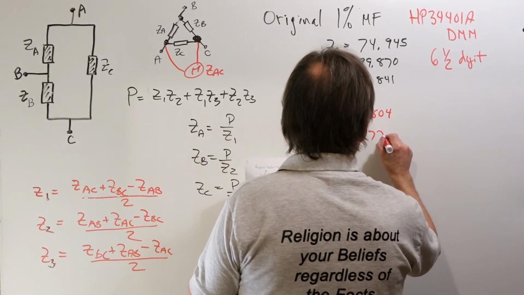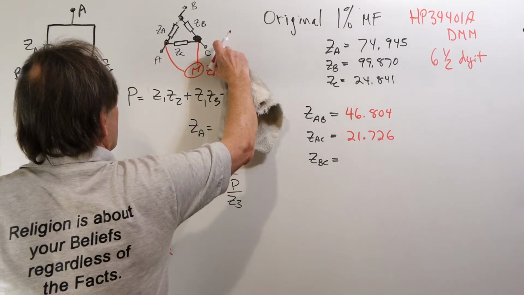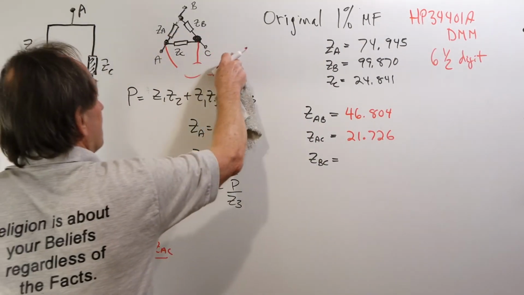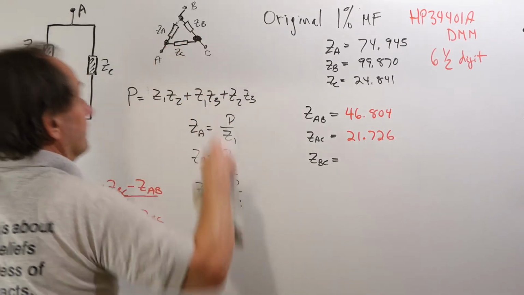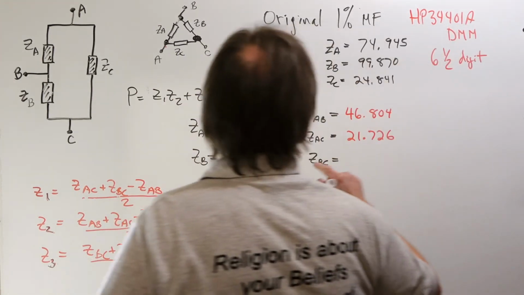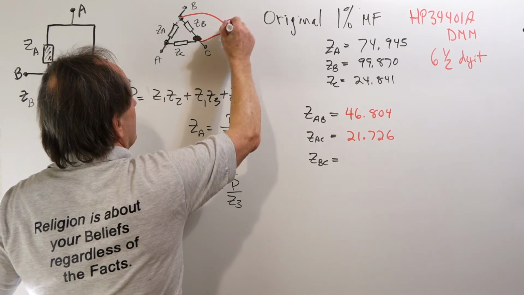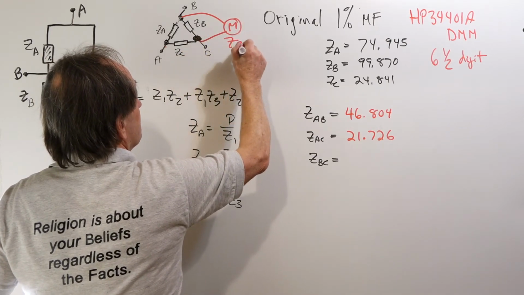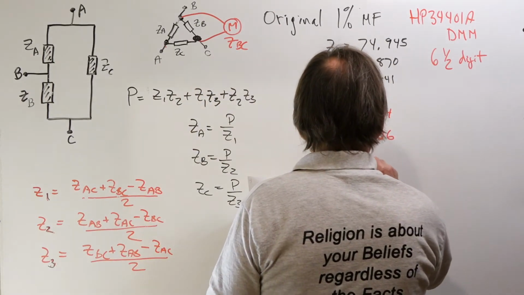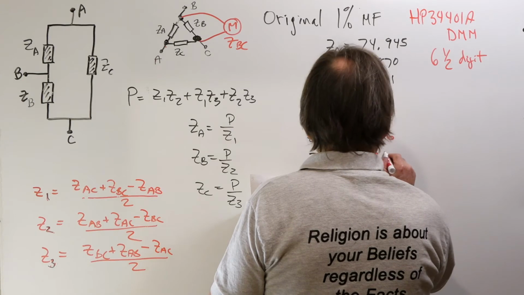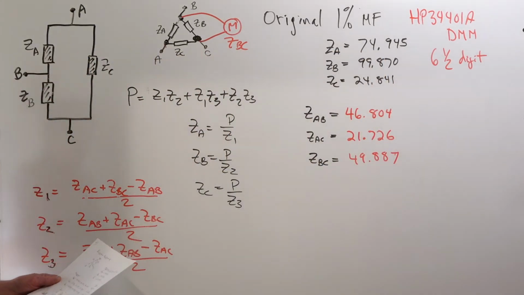I get 21.726 ohms. Then I moved the meter to the last node pair, between B and C, and measured ZBC. After averaging 3 readings, ZBC gave me 49.887 ohms. So those are the 3 readings.